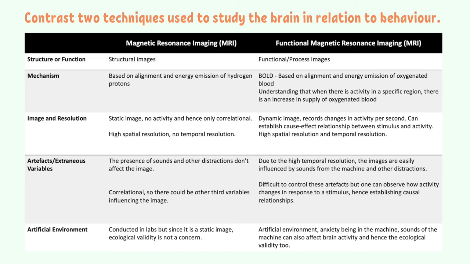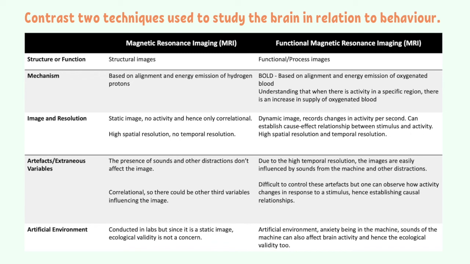Okay, however, if investigating, let's say, neuroplasticity, it is possible that there are other extraneous variables outside the lab environment that would influence the relationship between the independent variable and the dependent variable. The relationship that is established, again, is only correlational.